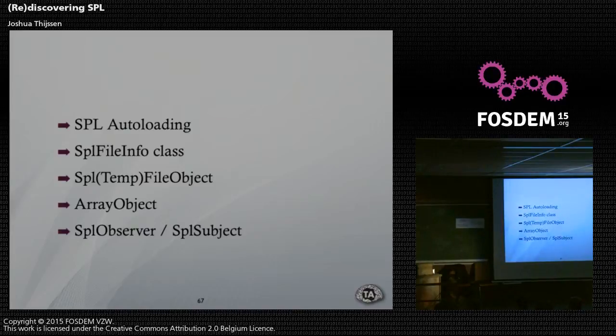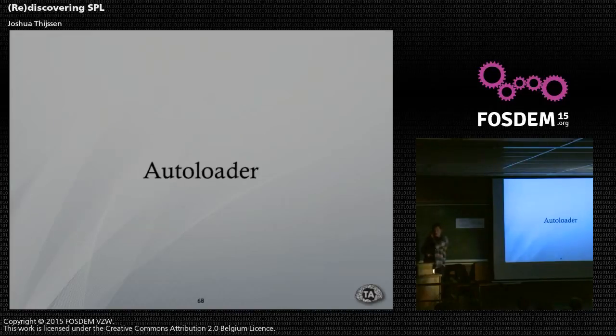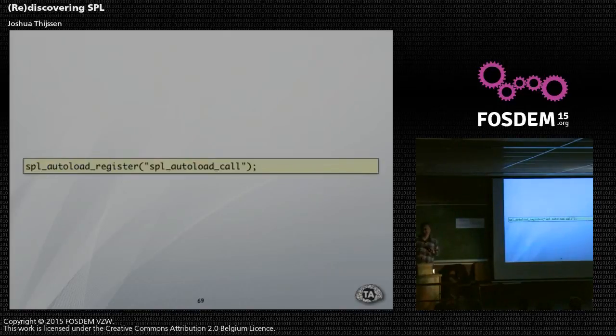Well, they have their uses, but you don't see them really a lot. There's a real cool thing with the autoloader. Anyone ever used the autoloader from SPL? Cool. So for those of you, what does this do?